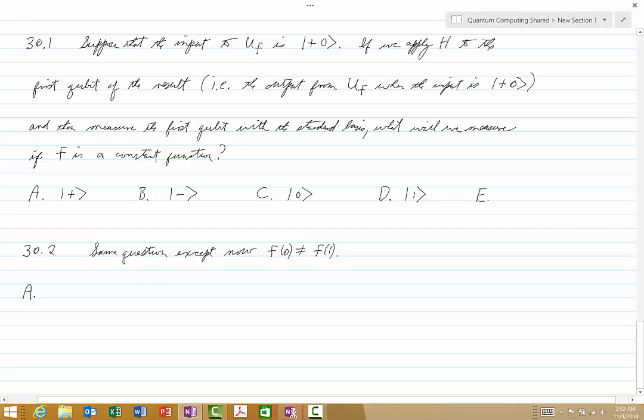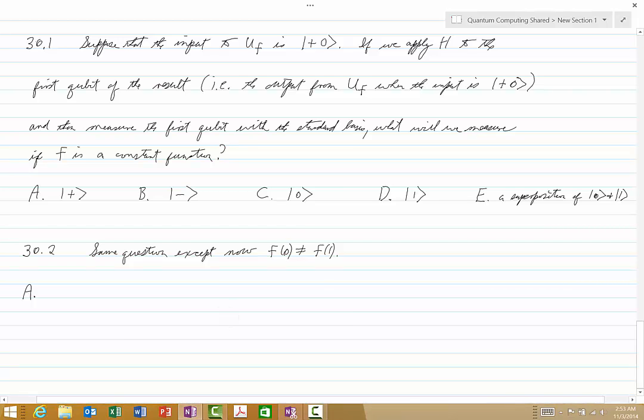I'll say a superposition of 0 and 1. I'm not going to specify what superposition, but we'll just say a superposition of 0 and 1.